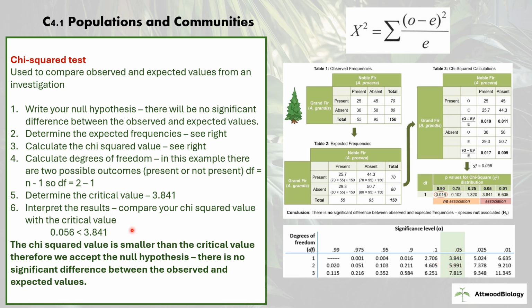We then have to compare our chi-squared value that we found here with the critical value which we found here. And we can see this is the interpretation of our test here, that the chi-squared value is smaller than the critical value. Therefore, we accept the null hypothesis, and we can state that there is no significant difference between the observed and expected values. This might be useful for your IA. You may have to calculate or interpret chi-squared within the exam.